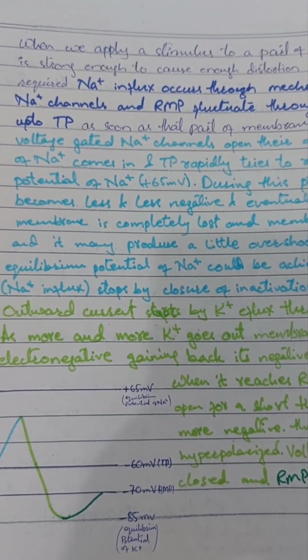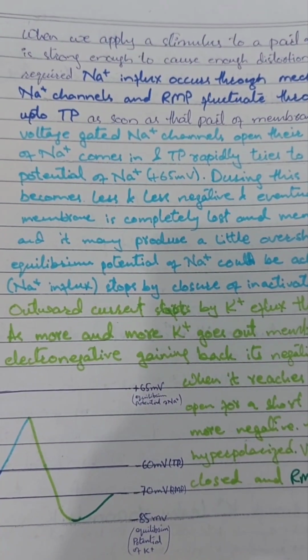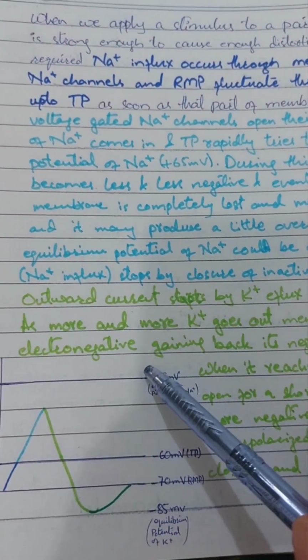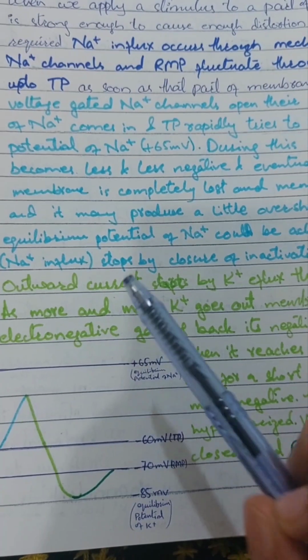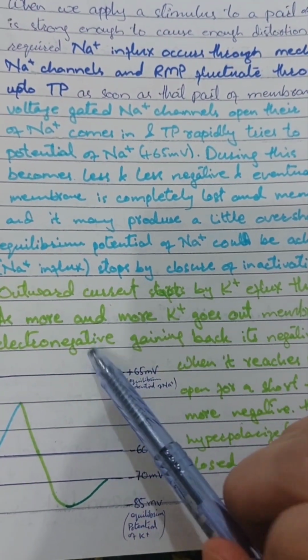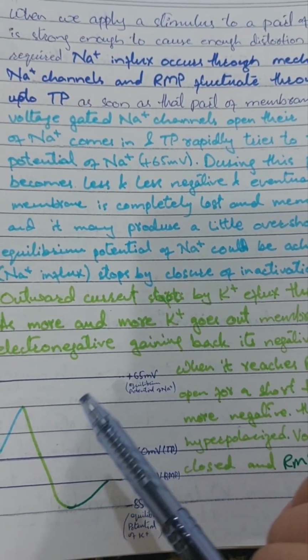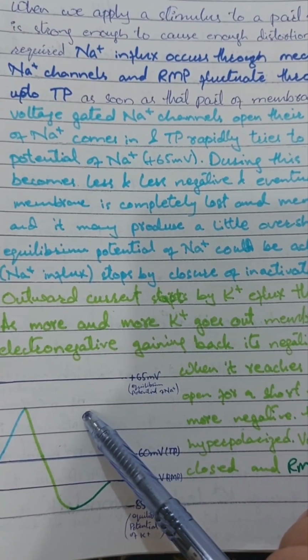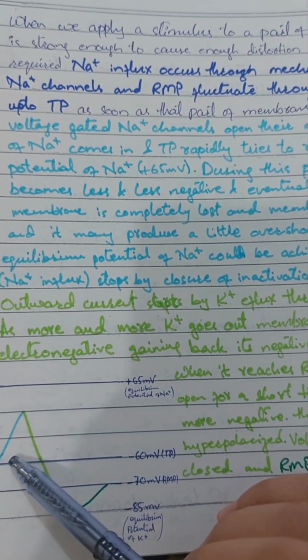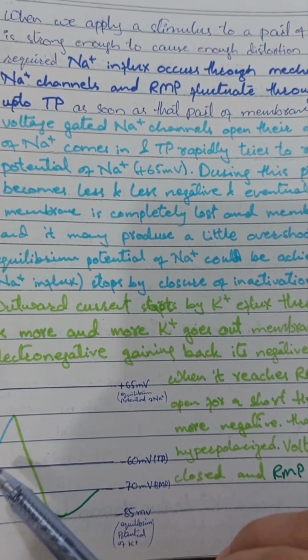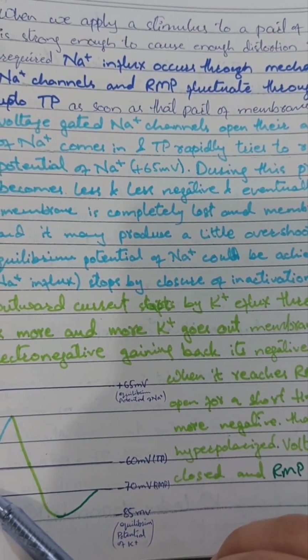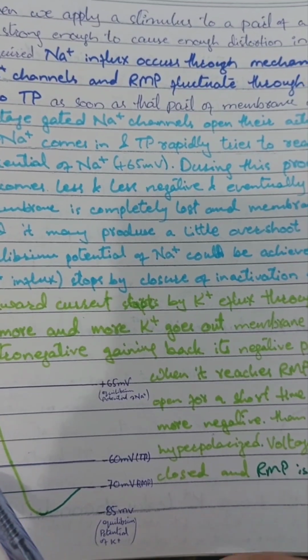So when the action potential actually occurs, we apply a stimulus to a part of the membrane which is strong enough to cause enough distortion in the membrane that the required sodium influx occurs through the mechanical stimulus sensitive sodium channels, and the resting membrane potential fluctuates through this inward current up to threshold potential.